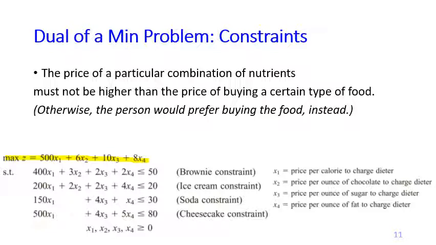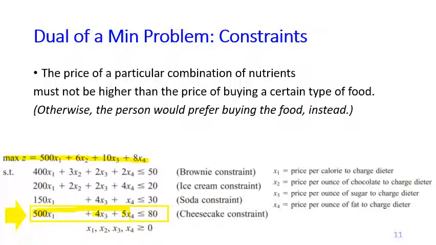But that is not the case again here, because the dieter, the person who eats or who needs these nutrients, may also set the constraints. For example, the person may say that the price of this combination, 500 calories, 4 ounces of sugar, and 5 ounces of fat, the total price of this combination must not exceed 80.